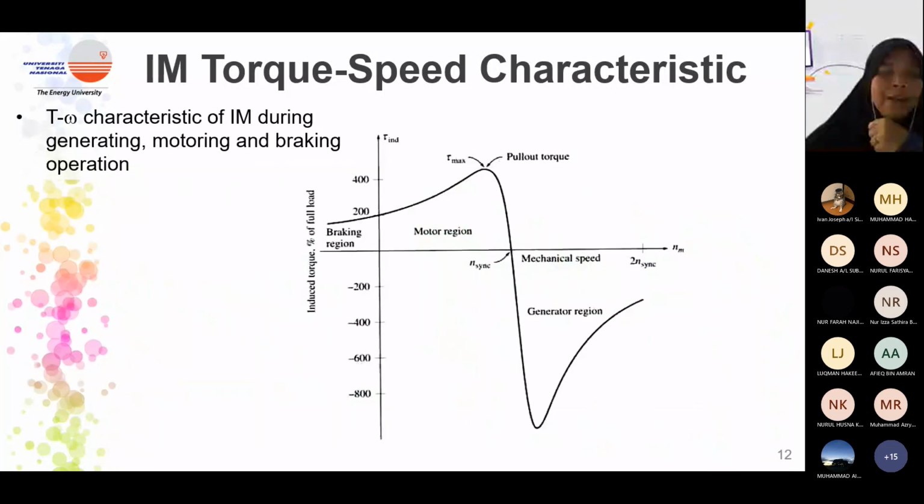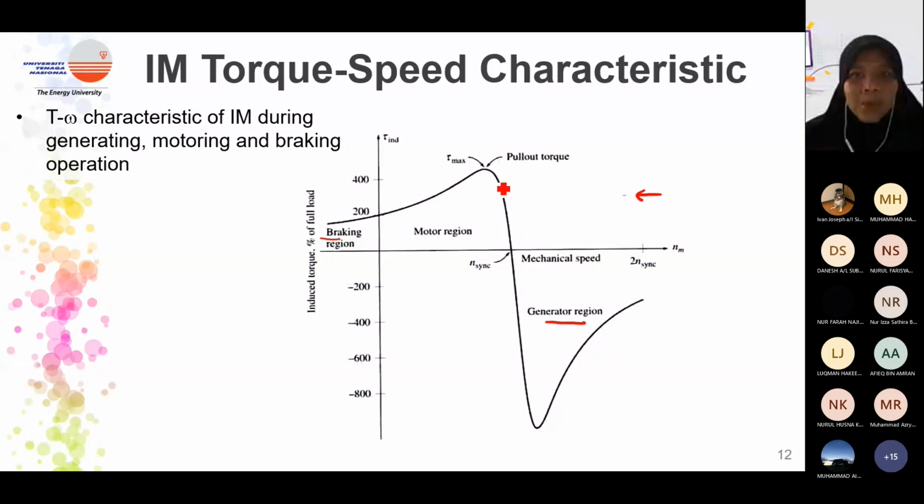Okay, we have looked through the torque speed characteristic of the induction motor. Dekat sini saja, in this region only. But actually the torque speed characteristic ada juga in negative region, where we know, we call this as generator region. And we also have some part on the braking region. Okay, previously kita tengok kat sini je.